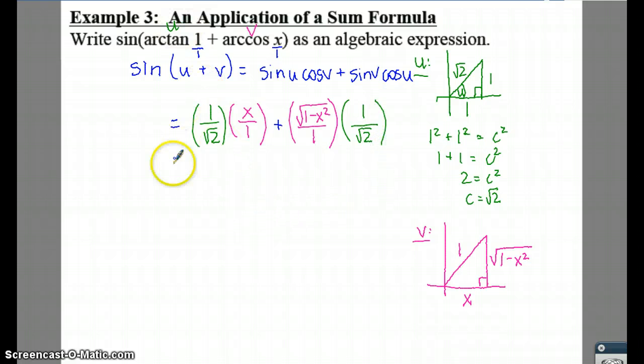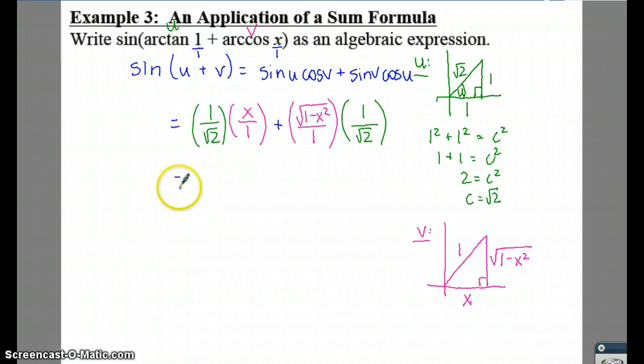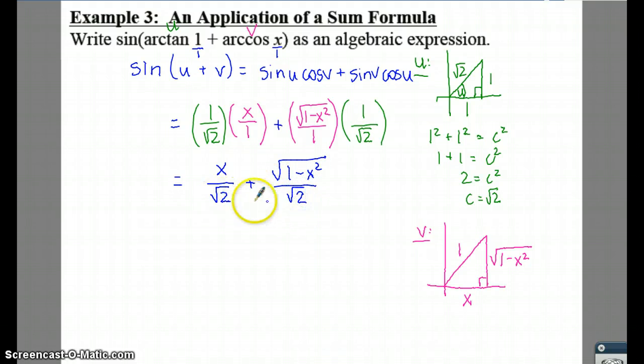So if we try to clean this up a little bit, this will become x over radical 2 plus radical 1 minus x squared over radical 2, so that we have the same denominator.